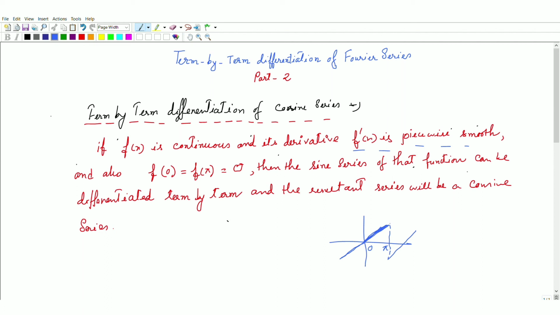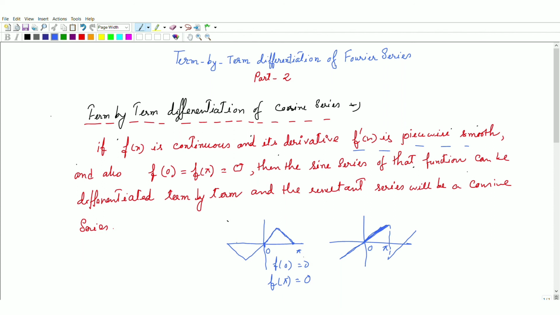So the condition that has to be satisfied is this. Suppose I draw one function like this, from 0 to pi, defined like this in this region. If you do the odd extension, it will look like this. Here f(0) is 0, and here f(pi) is 0.